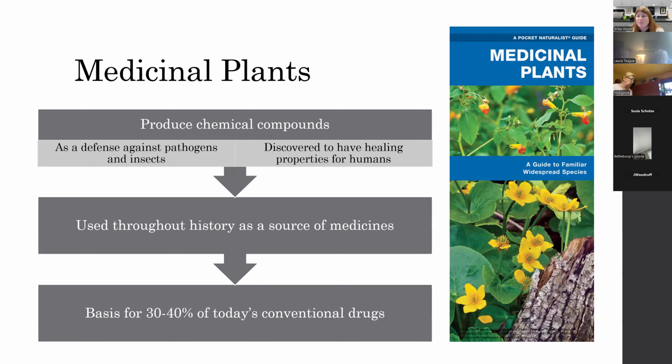Primarily, these compounds are used as a defense against different types of diseases and insects. It might be used as a defense mechanism. But what's interesting is that humans discovered that some of these compounds, whether they're secreted from the plant or otherwise, actually have some positive healing effects on humans.